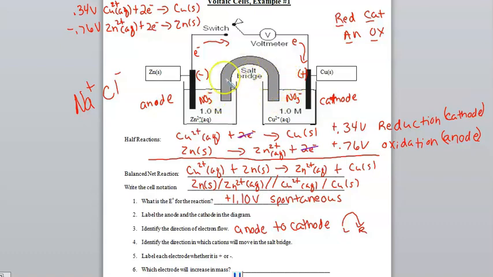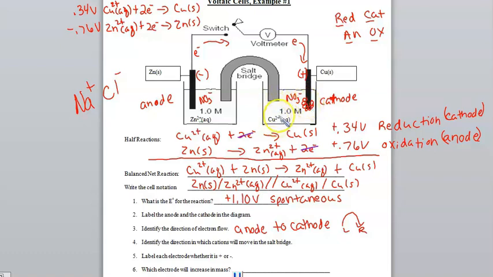Because these electrons are flowing over here, we are losing these copper 2 ions. Copper ions are accumulating on there. I should say copper solid is accumulating.